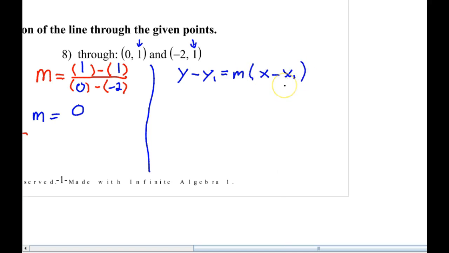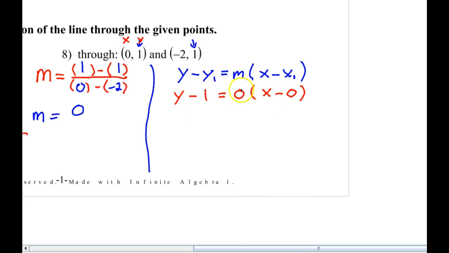Okay? So plug it in and see what we got. Go ahead and plug those in and see what you get for your equation. You probably realize pretty quick that when you plug in x, y, and your slope, it looks a little weird.